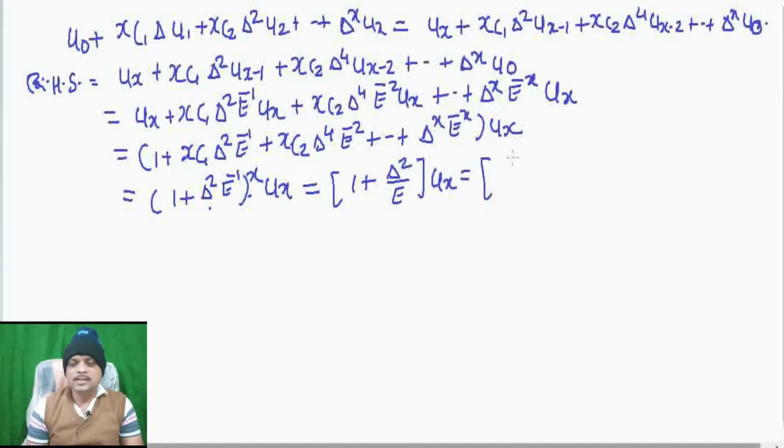Now take LCM: e plus delta square divided by e, ux. Now e equal to 1 plus delta, so delta equal to e minus 1.